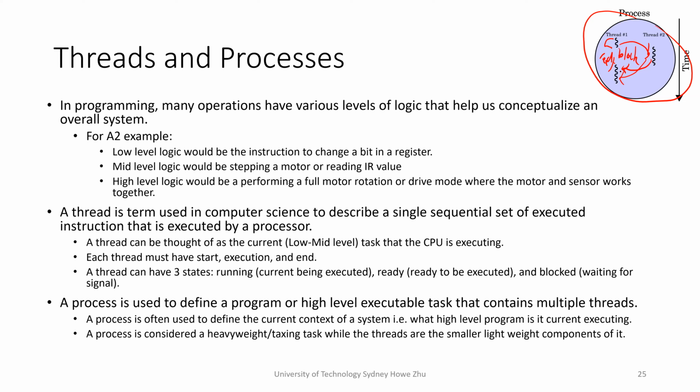So we need a standard to name the level of operation. That's why people have chosen threads as the low-level task, and processes as a group of threads, or a bigger operation that's happening.